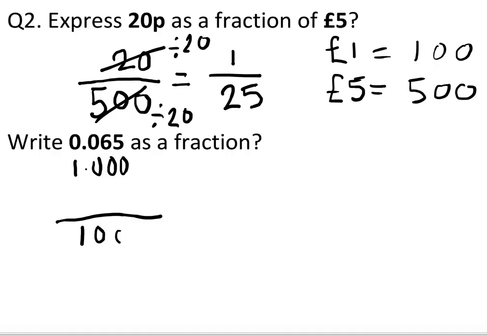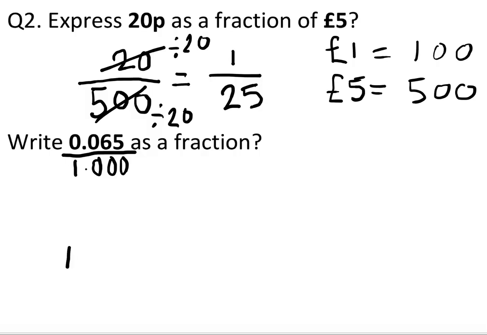Let me just rub that out and create a bit more space so we can see it a little bit clearer. So what I've just done is put the numbers underneath in decimals, but we don't want it in decimals.